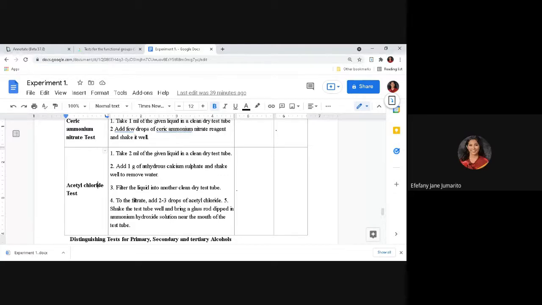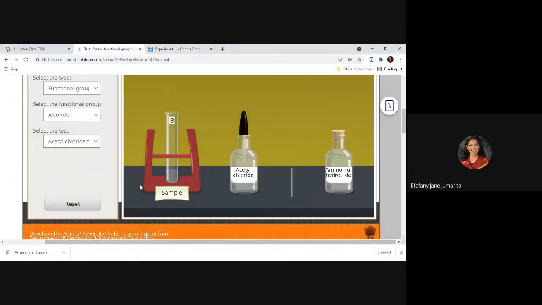Okay, so we will add to the filtrate. So this one, class, is your filtrate, your sample. A filtrate is a substance that is produced after filtering. So the filtrate is what has been filtered. What is left on the filter paper is what we call the residue. So this one is your filtrate.